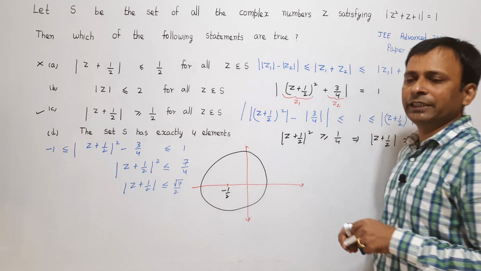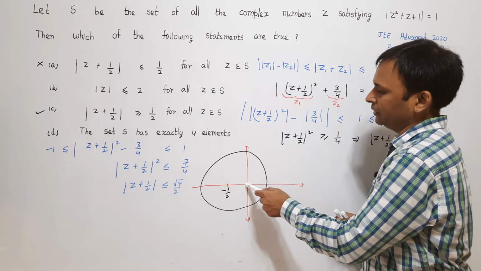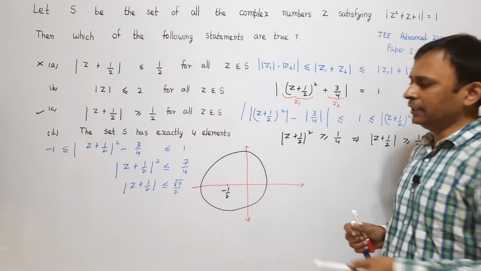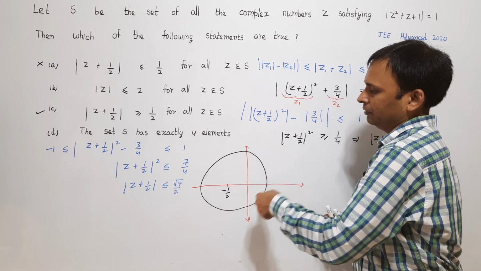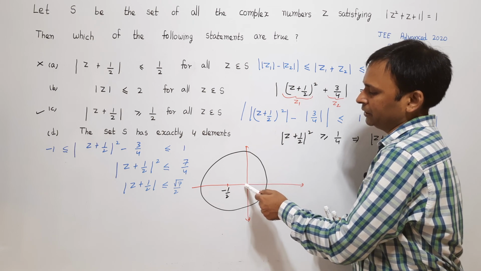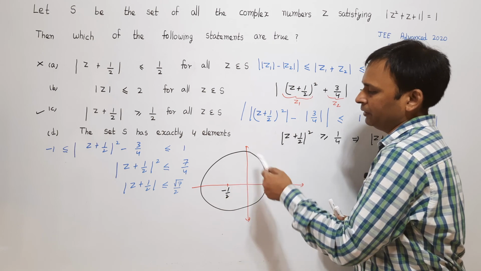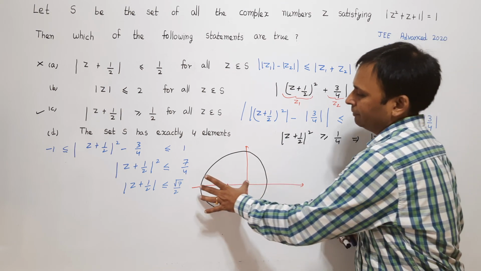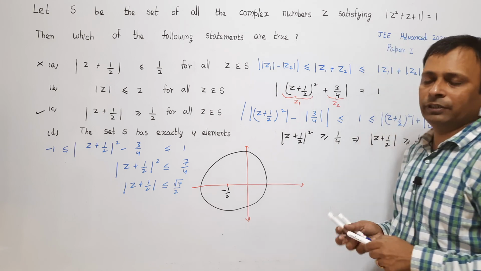So we need the maximum distance of the origin from any point on the circle, because the solution will definitely lie on the circle. Obviously this distance is the minimum, and the maximum distance I can see is over this.